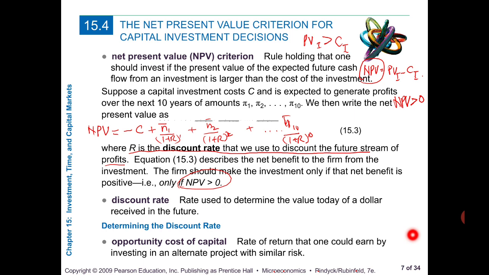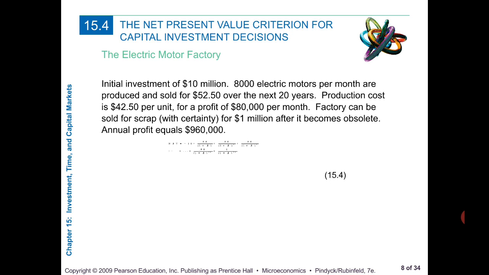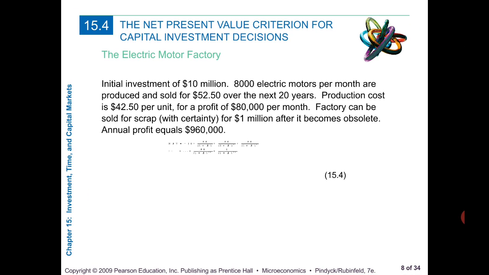So where's the next? The next question will be... I'm going to work out this example for you. This is too small. Let's work out this example by hand. So you have cost per unit, 42. Sold, so price per unit is 52.5.